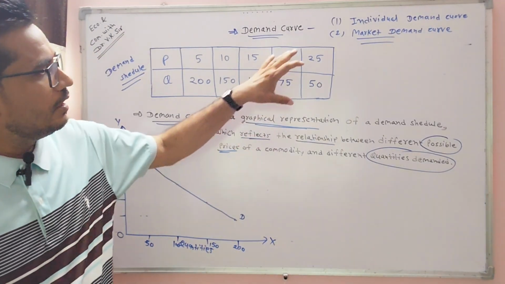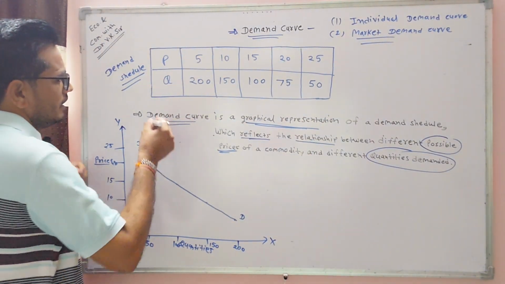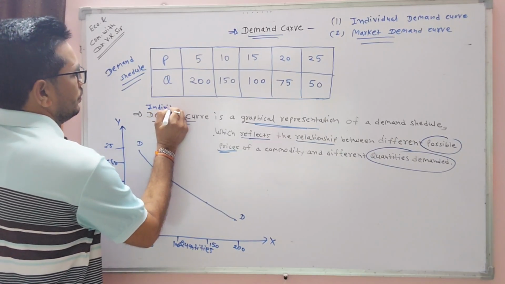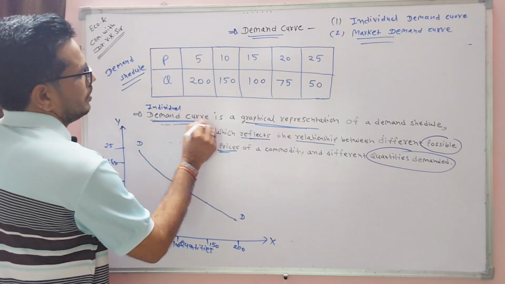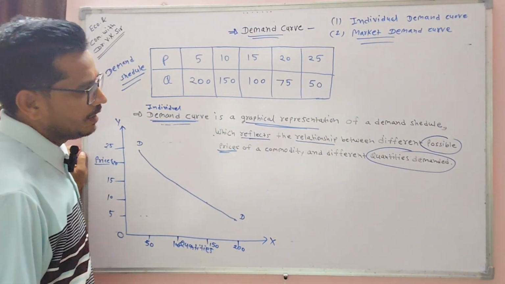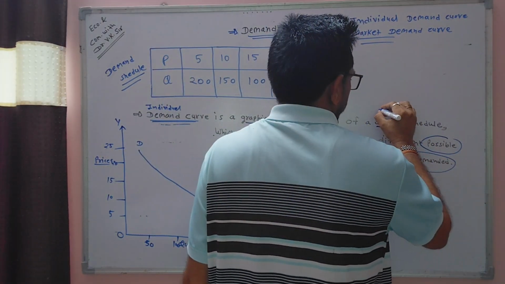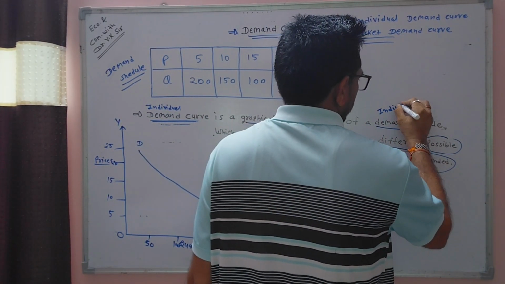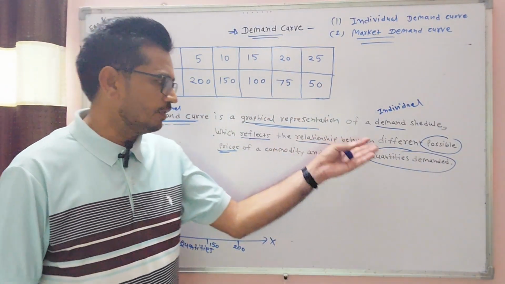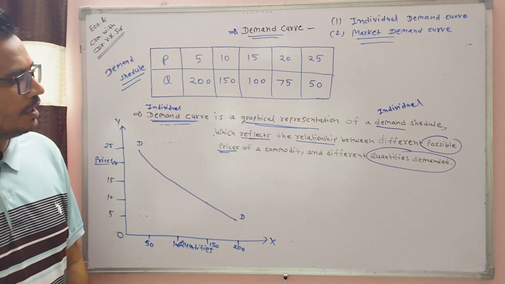So the individual demand curve is a graphical representation of an individual demand schedule, which reflects the relationship between different possible prices of a commodity and different quantities demanded.